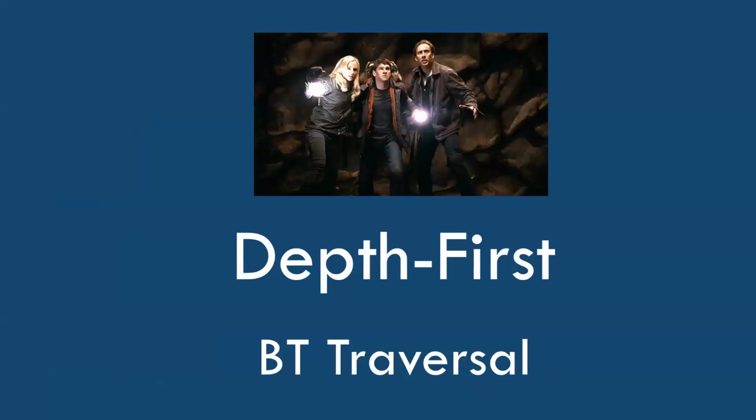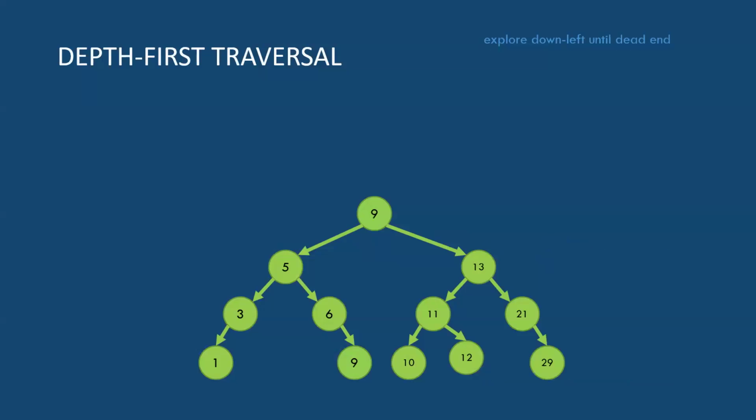But let's dig into our depth first traversal and see how it relates to the code, because I think we've seen a little bit of this code before. But here's our explore left bias, which we tend to call an in-order traversal. Now, what I've got here in front of me is a binary search tree.